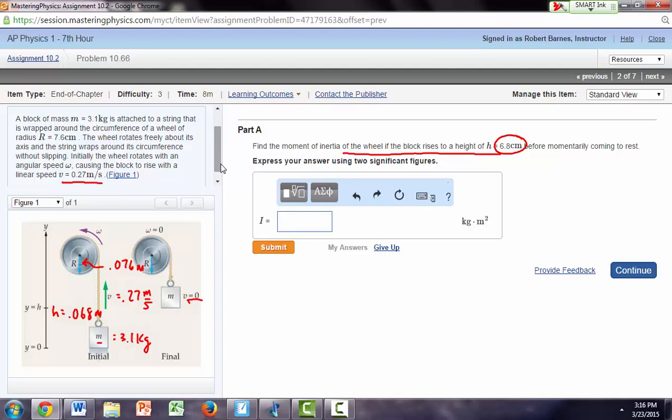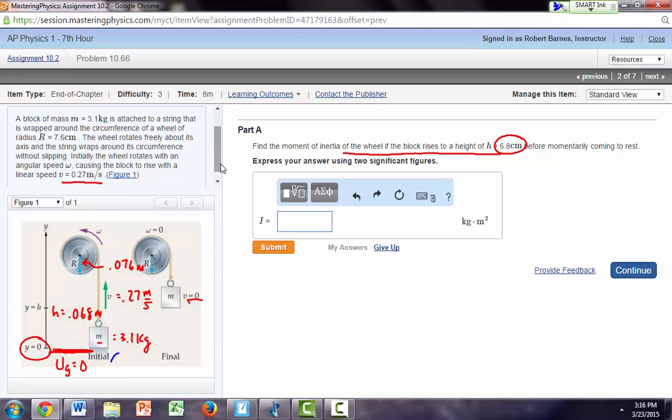When they're talking about heights and they're talking about something going from moving to not moving, you want to start thinking about conservation of energy, because you've got a bunch of energy at the beginning and you've got only gravitational energy at the end. So they're basically telling you, consider this beginning point to be y equals 0, which means that's your reference point for gravitational UG, so that's going to be 0.